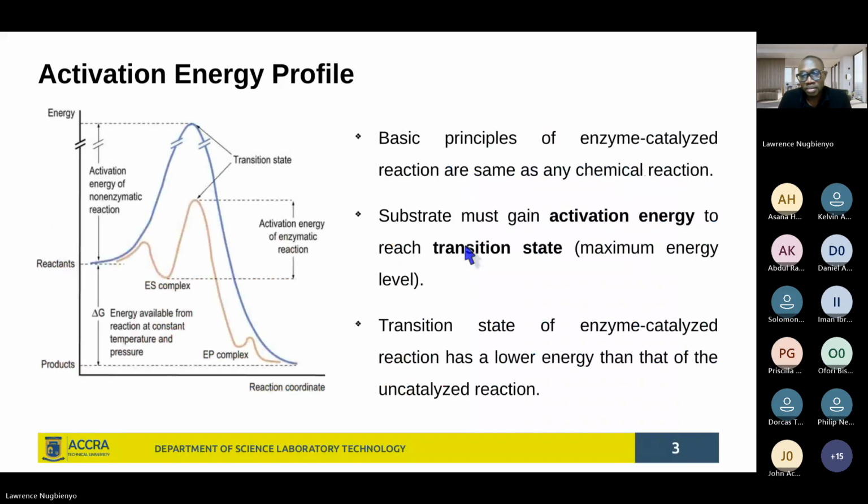So before we continue, let's take a look at a basic principle of the activation energy profiles of reaction.